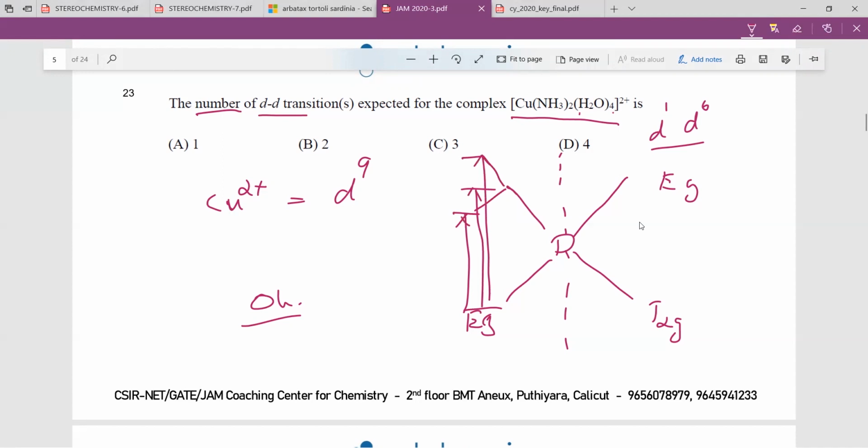Corresponding to these 3 excitations, we will get 3 peaks. Why 3 peaks? Because it is not a pure octahedral system. 2 water molecules are replaced by 2 NH3. So for this type of molecule, the answer is option C.